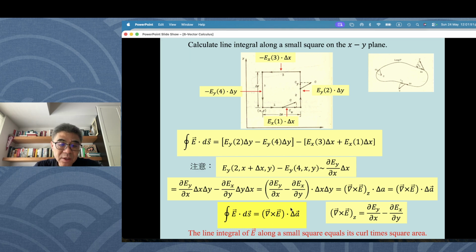Therefore, we believe this expression is not only true for a small square on xy plane, because on the right hand side we don't see any trace that it is on the xy plane or that delta A is along the z direction. Okay, so therefore we believe this expression is true for any small square on any plane.